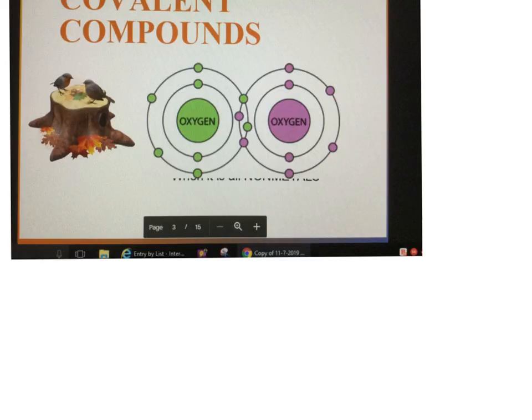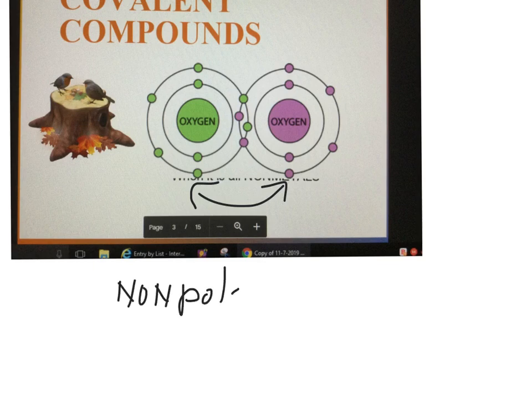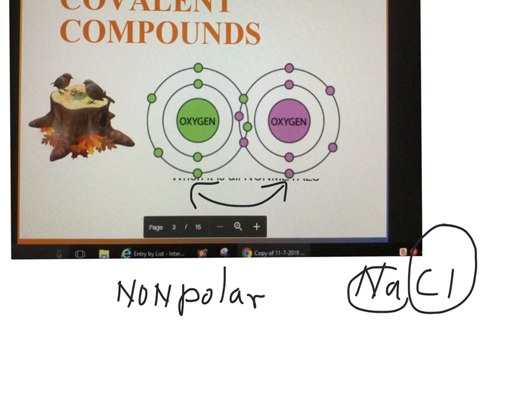Now to wrap it up, a covalent bond is when you have two nonmetals coming together. If they both have an equal shared valence electron and equal electronegativity, that is a non-polar bond because they share the electrons equally. If you have an ionic bond like Na and Cl, the chlorine actually has a larger electronegativity than sodium.